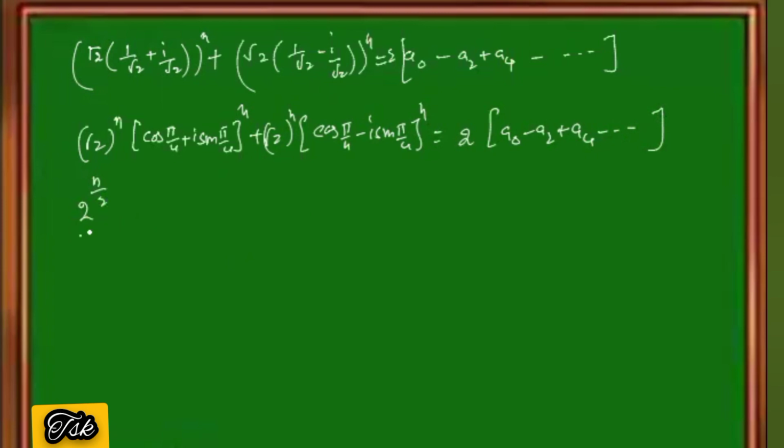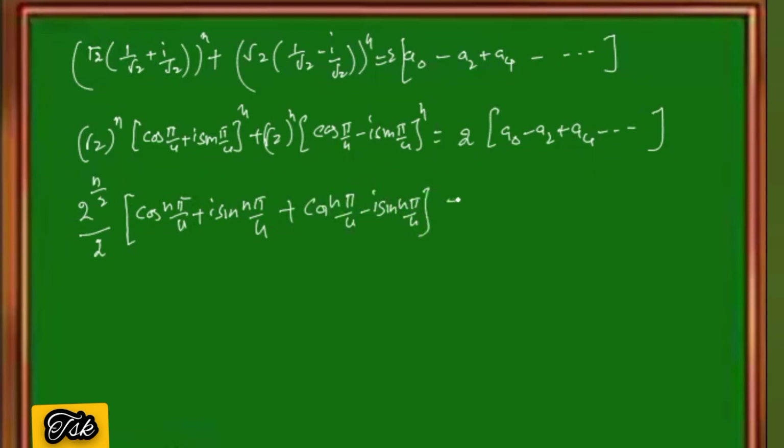Take this to this side, I have taken root 2 whole to the power of n by 2 common, divided by 2 from this side. The remaining is cos n pi by 4 plus i sin n pi by 4, isn't it? And then cos n pi by 4 minus i sin n pi by 4, simple problem, is equal to a0 minus a2 plus a4 minus so on.